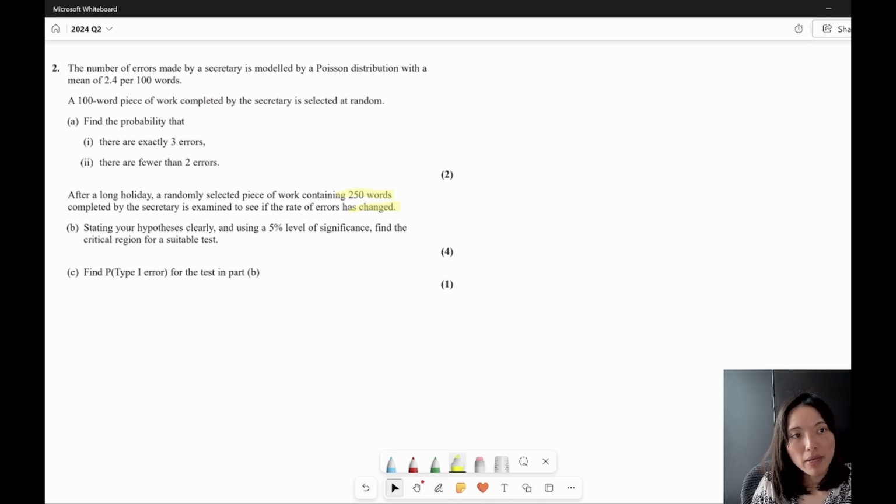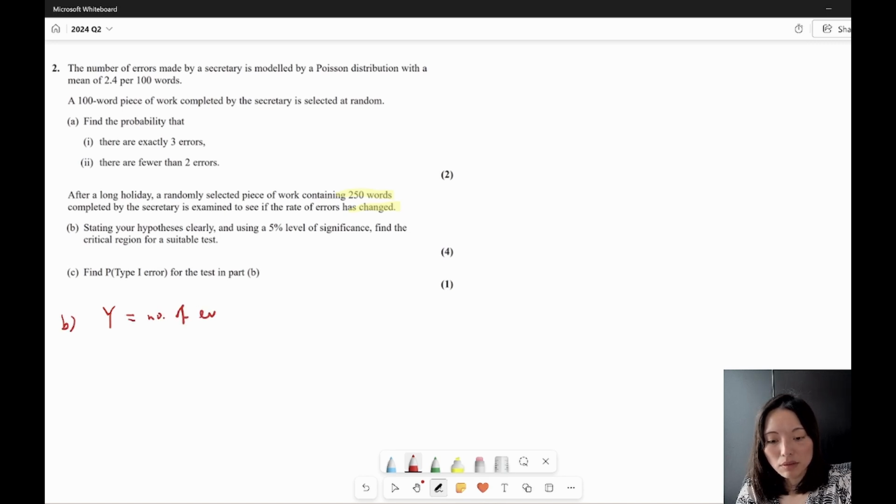The other thing that we need to pay attention to is the parameter, because now we're looking at a piece of work containing 250 words. So what I'm going to do here is call the variable Y, the number of errors per 250 words.